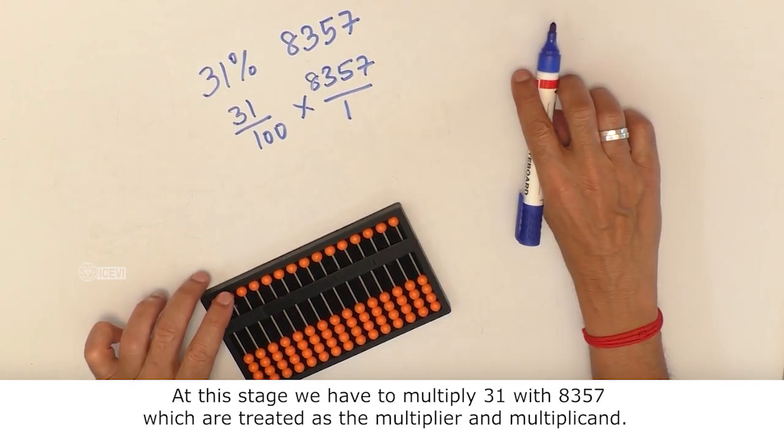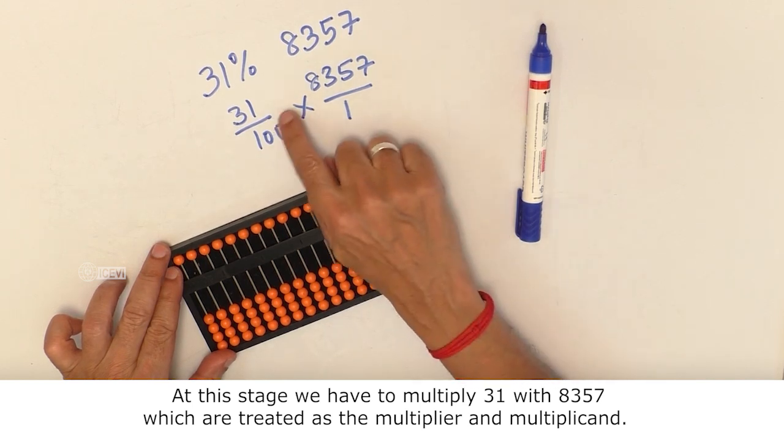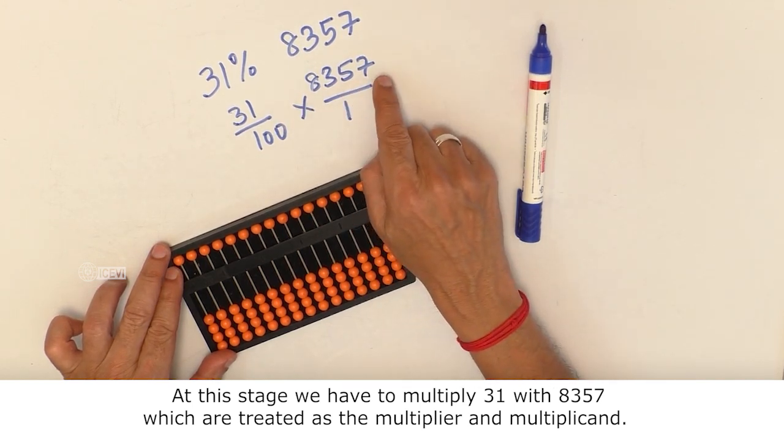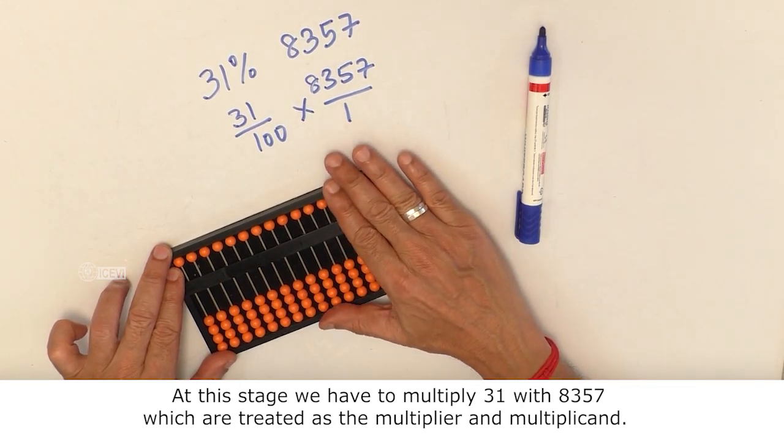At this stage, we have to multiply 31 with 8,357, which are treated as the multiplier and the multiplicand.